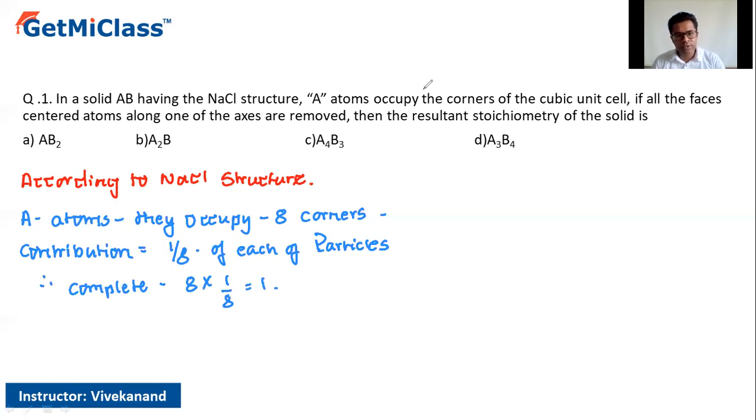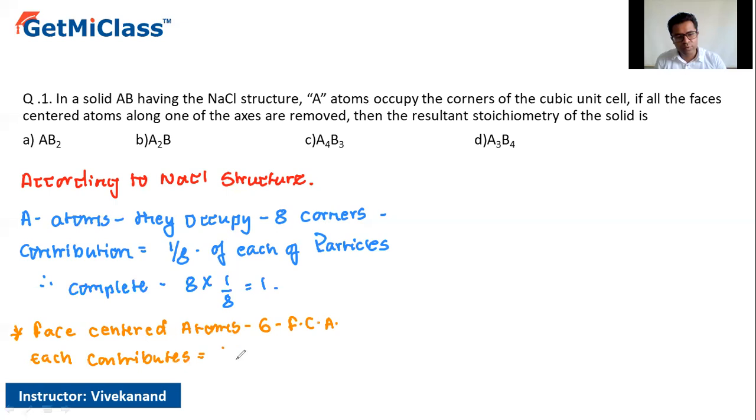Now, let's proceed to our second one, the face-centered atoms. Here we have these 6 face-centered atoms. Each of them contributes 1/2, because a particular atom on the face is shared by 2 unit cells.